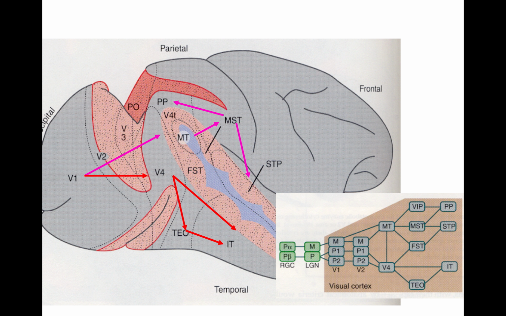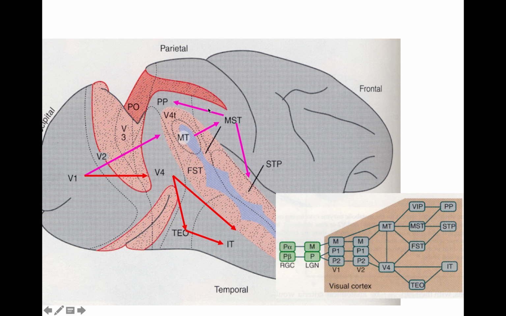So if we look at this mapping, what we're seeing is that the primary visual cortex is sending this motion processing over to the MT and MST portions, and then the posterior parietal portions here. Whereas the more ventral stream of information is responsible for processing visual shape and color.